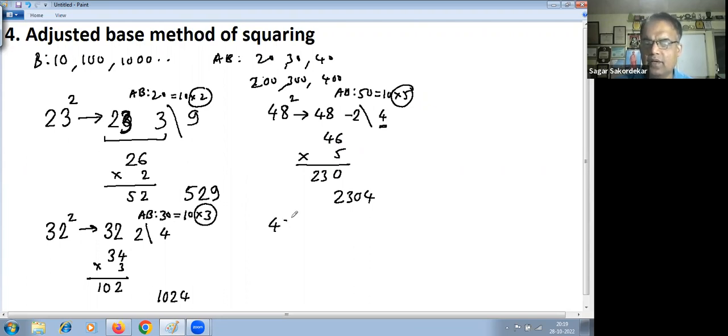Try 49 square. I wanted all should get correct. Yeah, Arti correct.